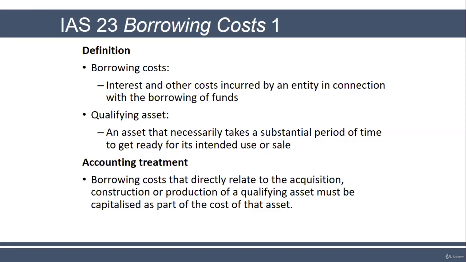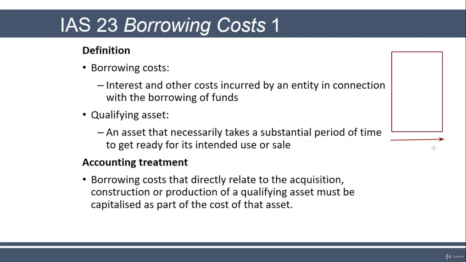Borrowing cost, the concept is like if you are preparing an asset. The standard says that usually it is given for self-constructed assets. Self-constructed means, let's suppose you are making a building, and to make this building, definitely it is going to take a significant period of time, probably a year, or 2 years or 8 months.